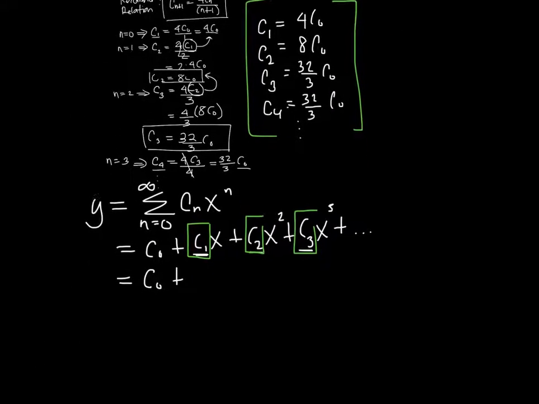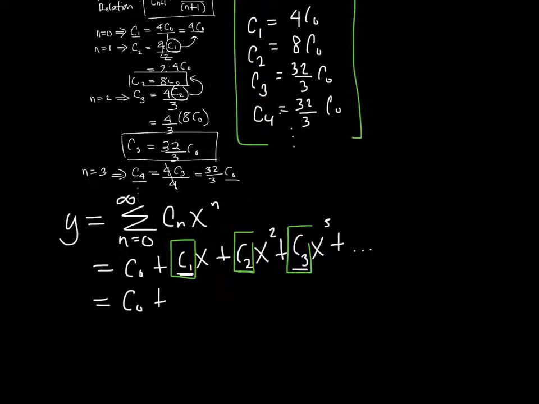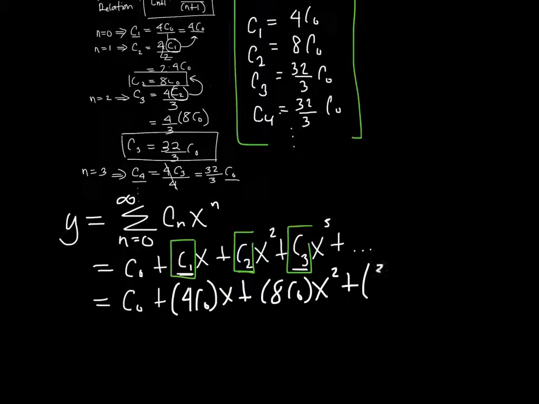C1 is 4C0, so that's 4C0 x plus C2 is 8C0 x squared plus C3 is 32 thirds C0 x cubed, and I don't like how that looks.